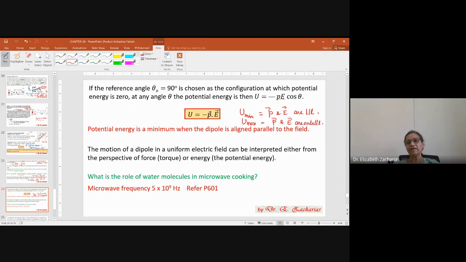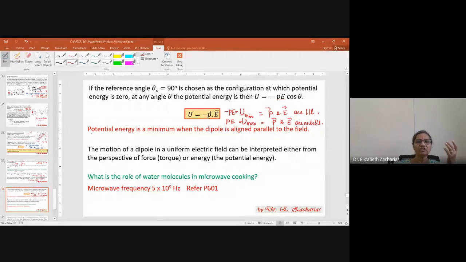When P and E are parallel, it means cos 0, which is 1. Therefore, U will be equal to minus PE. Whereas U max will be PE because the angle is 180 degrees. And you know from mechanics that minimum potential energy means maximum stability.